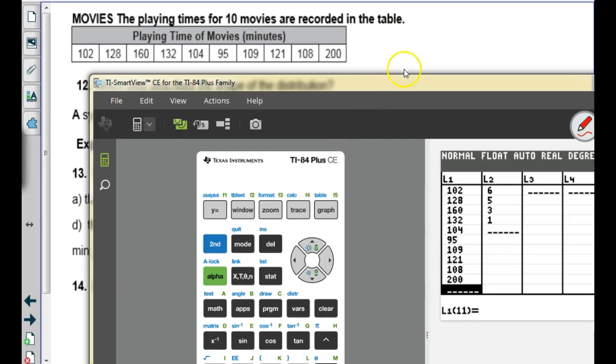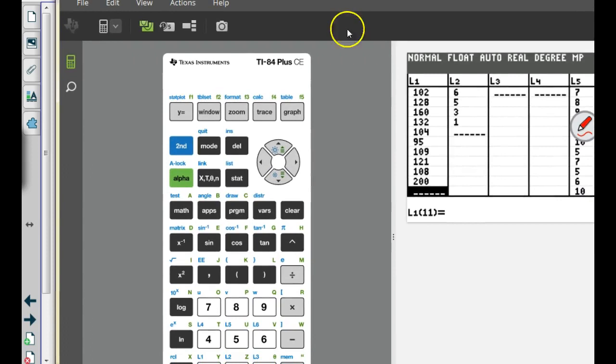Okay. To decide if this data is skewed, we have a couple options. We could look at the box and whisker plot, we could look at the histogram, or we could honestly decide if the mean and median have been dragged apart.